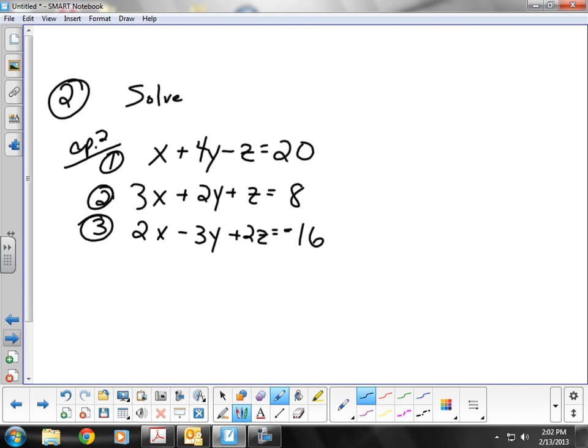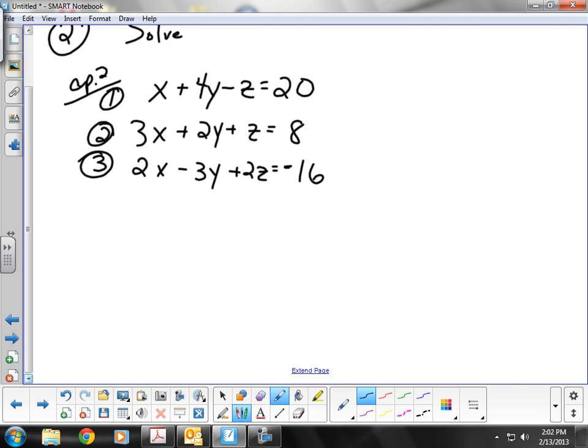So I'm going to take equation 1 and equation 2, and I'm going to work with them to eliminate z, because I see right here that z is a nice, easy thing to eliminate. I don't have to multiply through by anything. Everybody see that? I've got a positive 1z and a negative 1z.